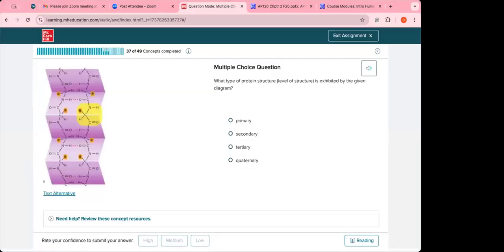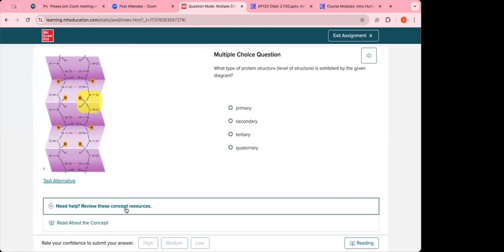Okay. What type of protein structure is enabled by the given diagram? In other words, is that a primary, a secondary, a tertiary, or a quaternary structure? Well, let's look at the structure of the protein and see what we can find out. Okay, this time we're going to proteins.